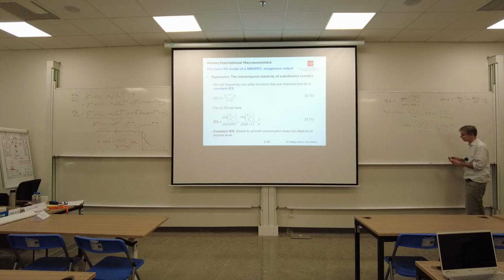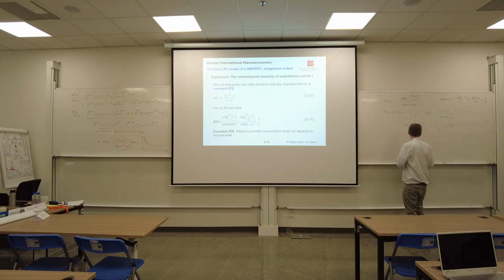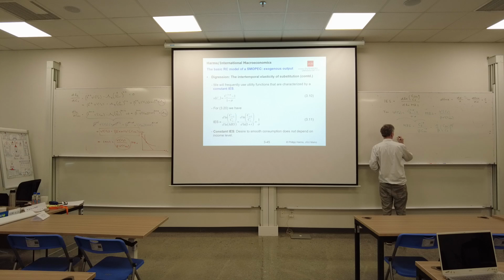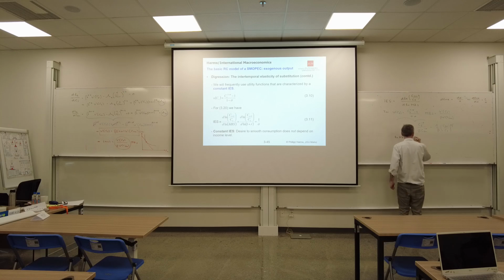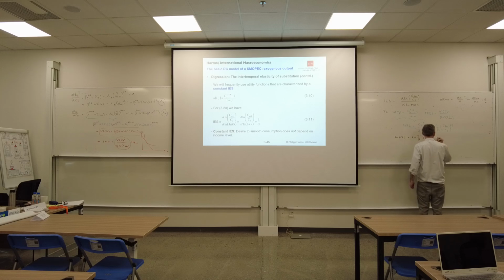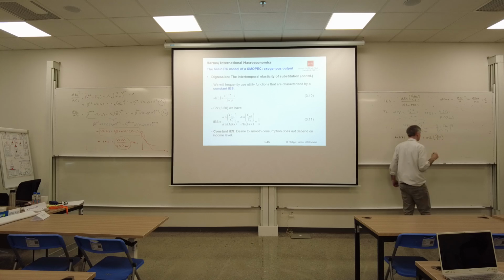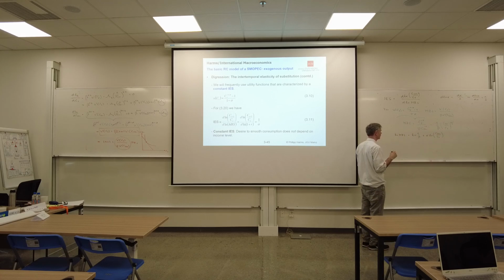All right. Now let's take logs on both sides, with the log of the marginal rate of substitution. Now we have the log of 1 over beta plus sigma times the log of Cs plus 1 over Cs.